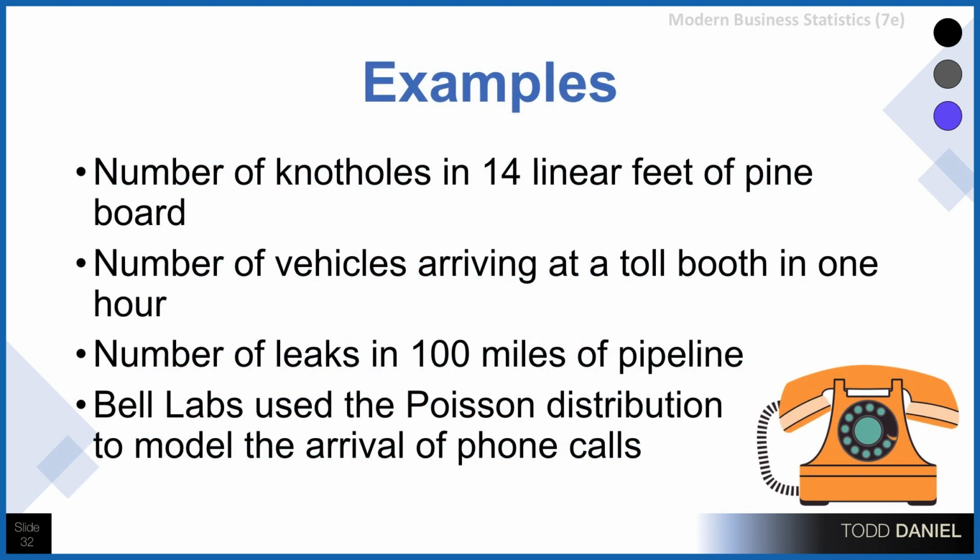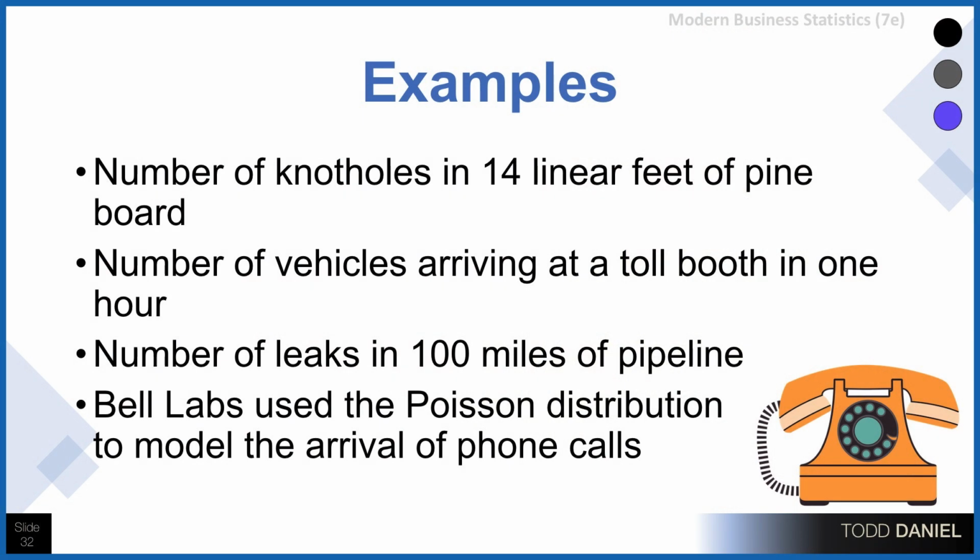So here's some examples of when you might use a Poisson distribution. The number of knot holes in a 14 linear foot piece of pine board. So when you go to your favorite big box stores to buy a 2x4, counting the number of knots in the length of that board, we could use the Poisson distribution to figure out an average.